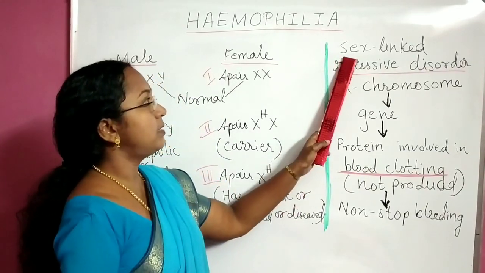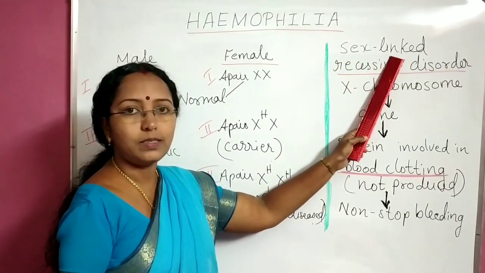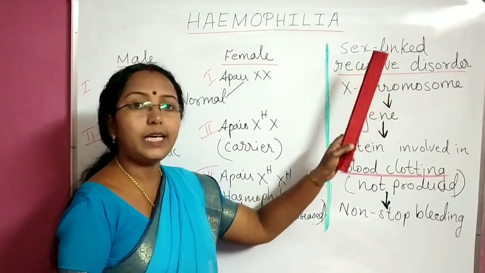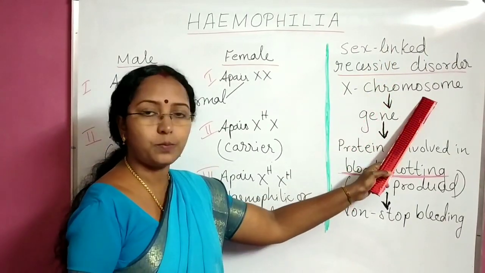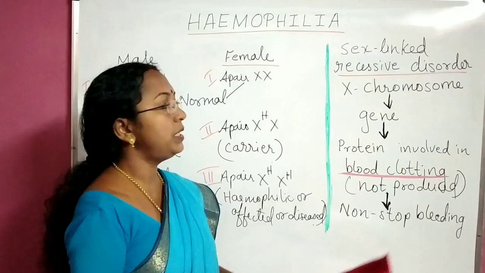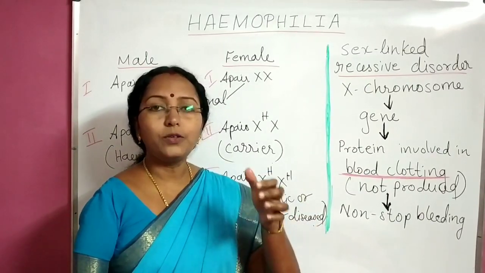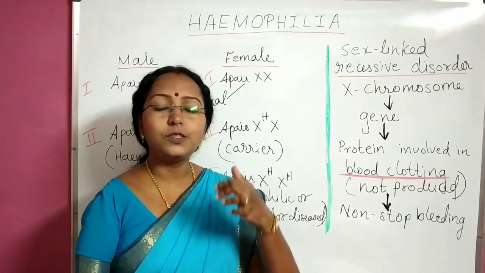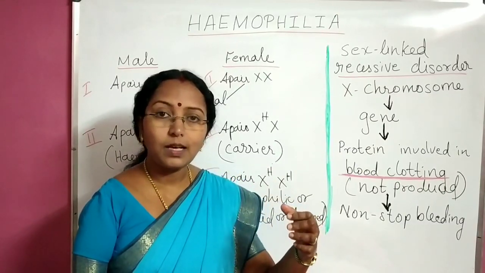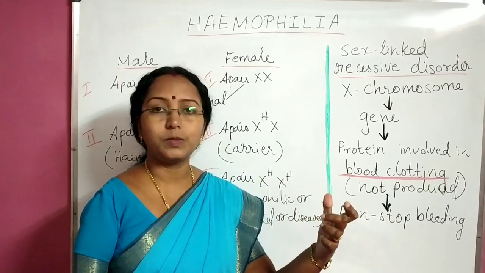See, as it is stated, this is a sex-linked disorder. Sex-linked means it is affecting the X chromosome. Human beings have 23 pairs of chromosomes. Out of 23 pairs, 22 pairs are autosomes and there is one pair of sex chromosomes.